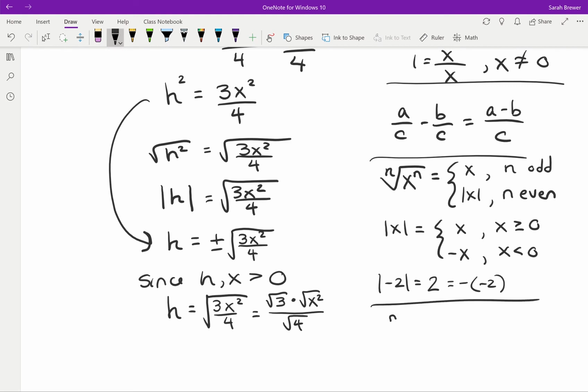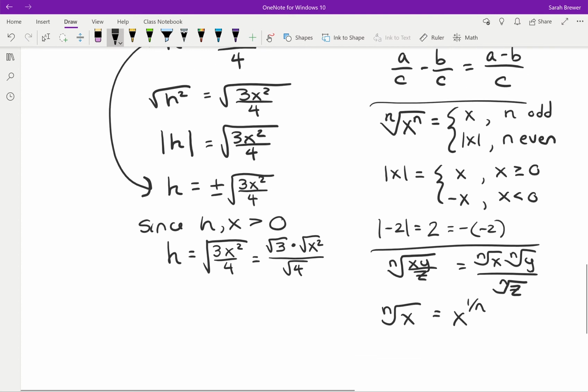So the nth root of x times y, or let's even do xy over z, is equal to the nth root of x times the nth root of y over the nth root of z. If I say the nth root of x, that's the same thing as saying x to the 1 over n. So all of those exponent rules hold for radicals.